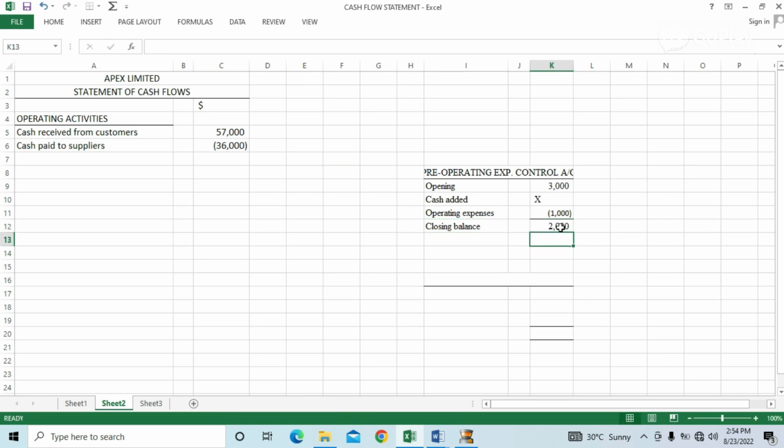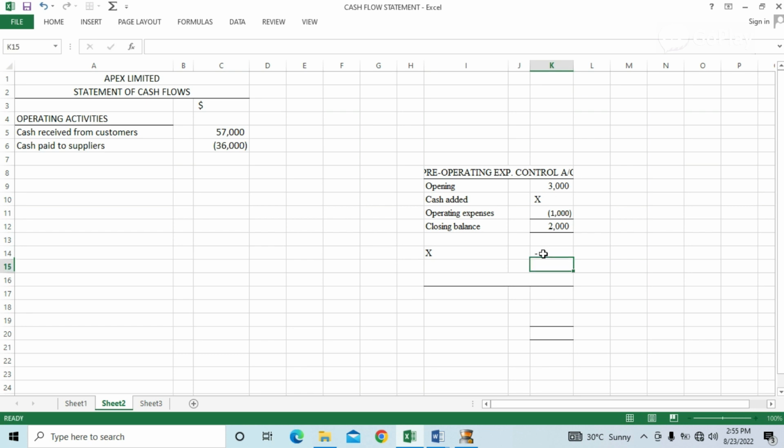So using the algebraic method, you realize that to get the value for the unknown, it will be 3,000 plus x minus 1,000 equal to 2,000. So by my calculator, the answer is 0. So nil.